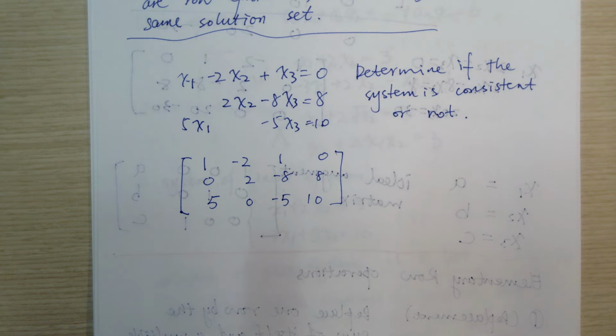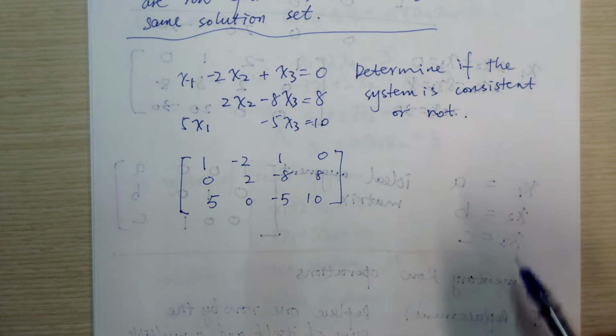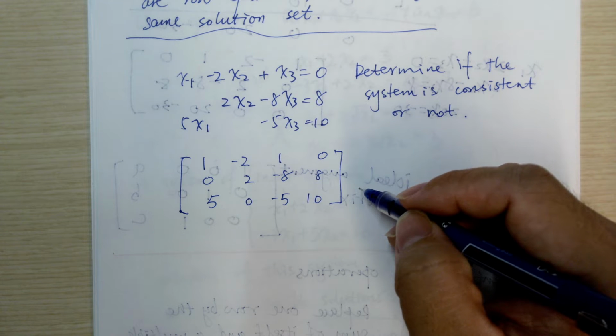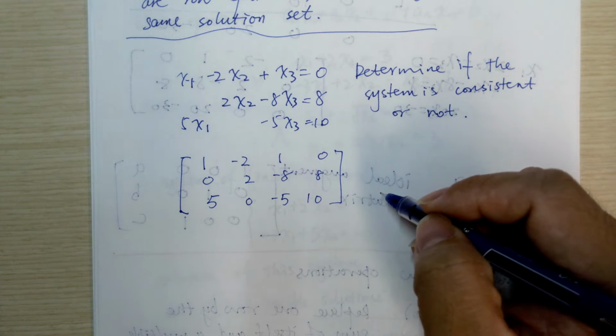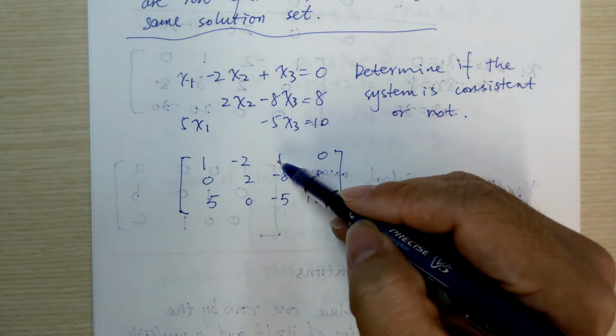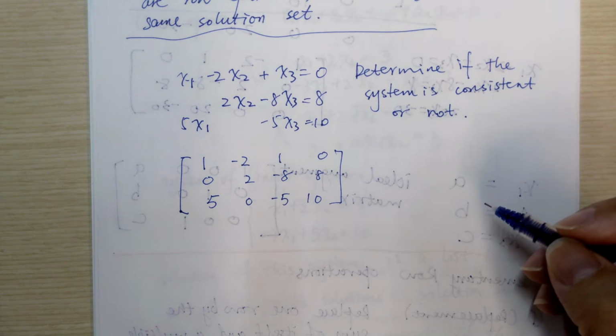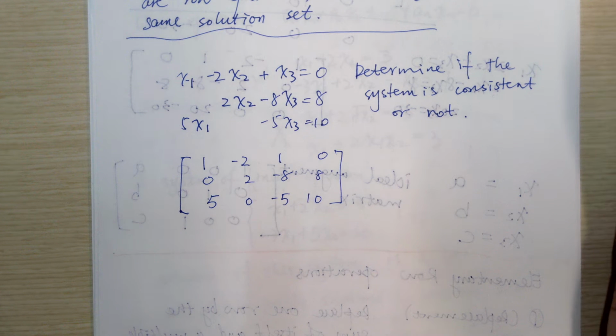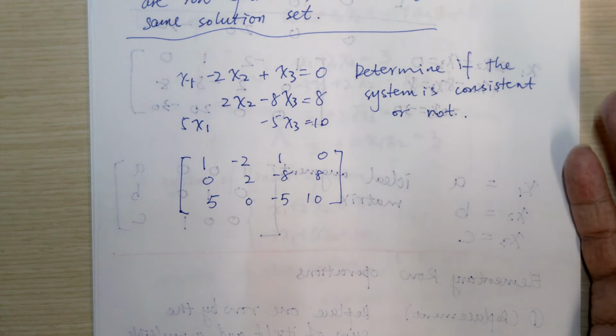After you do a couple of row operations, you get a row equivalent matrix, and correspondingly they have the same solution set. So our focus becomes using forward elimination to construct the coefficient matrix into an upper triangular shape, and then determine whether it has a solution or no solution.